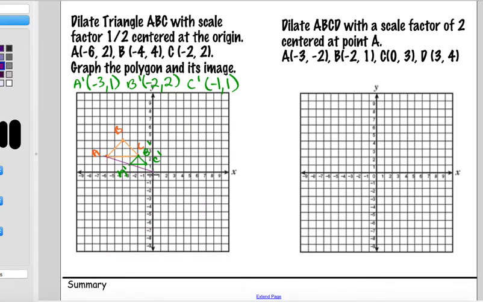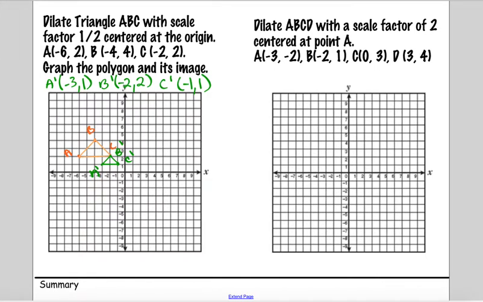And you can see how they will go through to the origin there, and it kind of looks 3D, sort of like a projection. That's not needed, but I wanted to show you how you could visualize that. So anyways, that's the answer. They wanted us to graph the polygon in the image. They did not tell me to list the new points or anything, so that's all I had to do there.